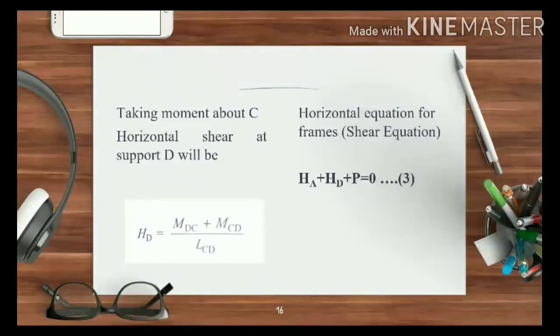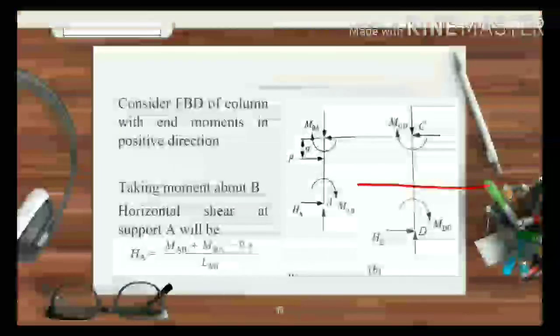So we get HD is equal to MDC plus MCD by LCD. There is no horizontal load along the member CD, only the final moments acting. So the reaction HD is equal to MCD plus MDC by LCD.